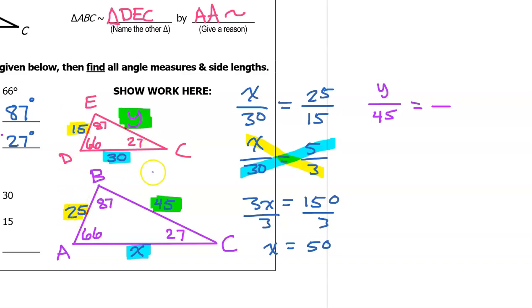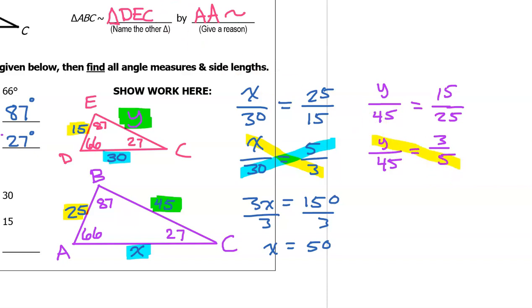But if I did y over 45, then I must do 15 over 25. You have to go in the same order both times. So 15 over 25. So that means if I reduce this, y over 45 equals 3 over 5. So let's cross multiply.